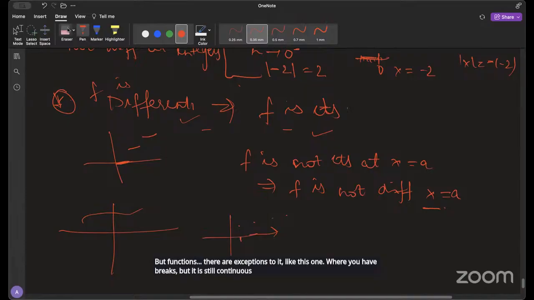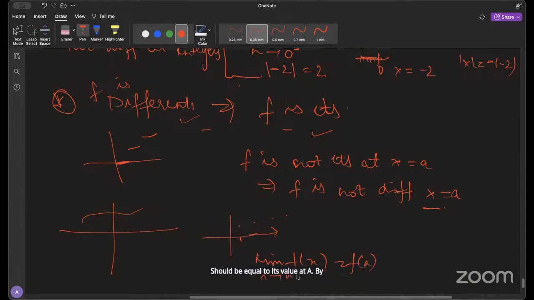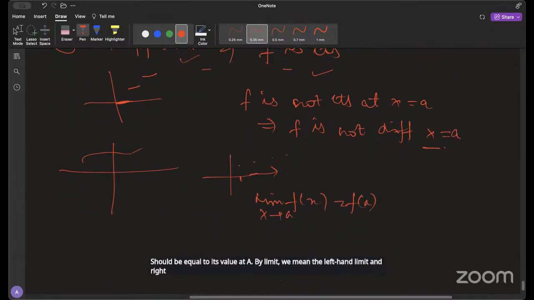Basically, for continuity, it's this condition: the limit of a function should be equal to its value at a. By limit, we mean the left-hand limit and right-hand limit. Then that's when we say that the limit exists, right?